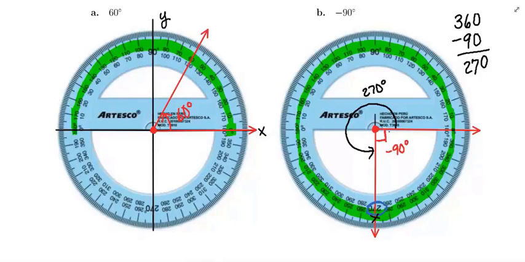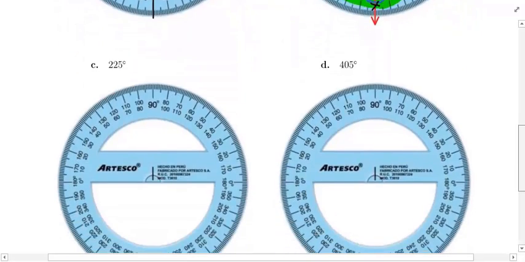So that was just something to mention. I wanted to show you an example of coterminal angles. But here you were supposed to only draw the red angle, the negative 90 degrees, okay? All right, let's take a look at the two angles below.